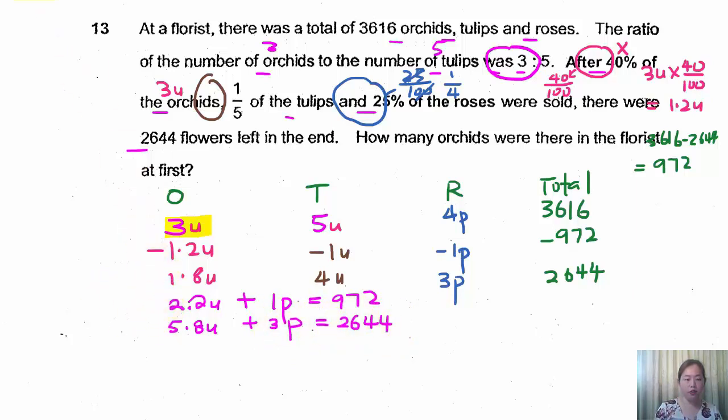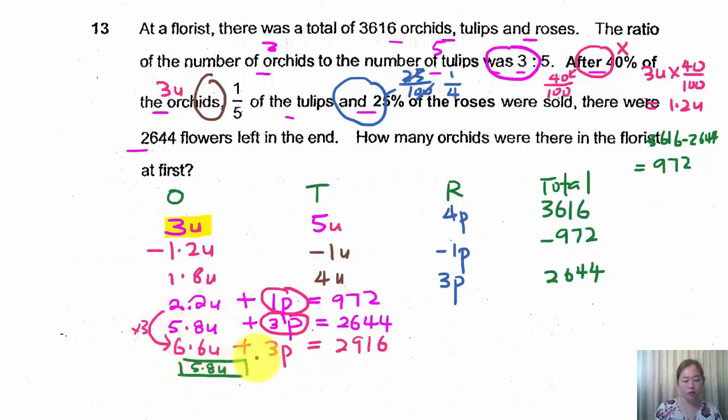From this equation here, we want to make 3 part and 1 part the same, so we have to multiply by 3, and this is 6.6 unit plus 3 part, which is equal to 972 times 3, which is 2,916. So what this means is that 5.8 unit plus 3 part is equal to 2,644.